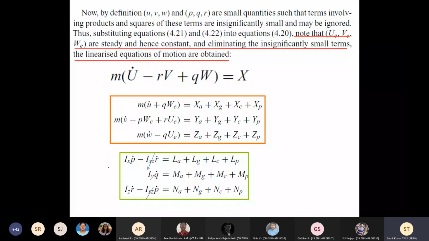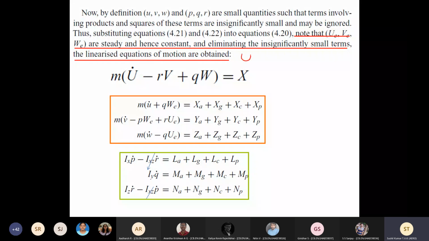The initial velocities UE, VE, when you're talking about equilibrium, are constant. The aircraft at this stage is not accelerating. So now the next thing is you'll have to linearize.